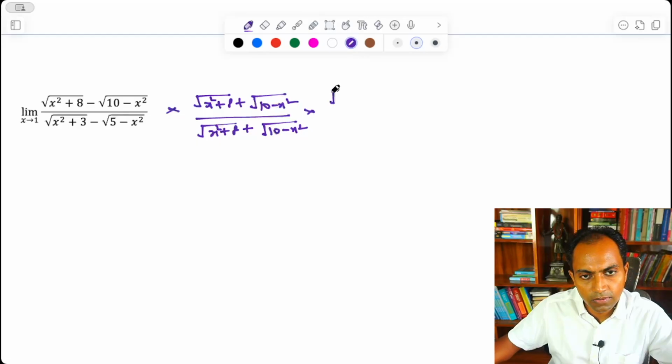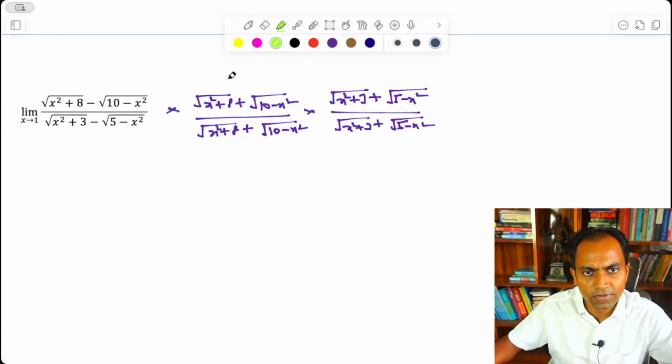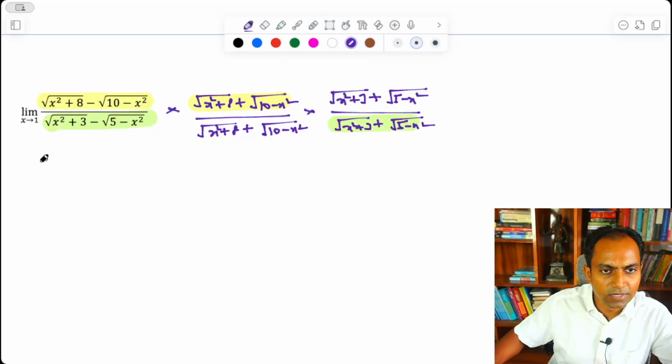And then root of x square plus 3 plus root of 5 minus x square, in both the numerator and the denominator. Now what will happen, as we did earlier? The numerator part will get multiplied to this part, and the denominator part will get multiplied to this part. We can simplify and get the answer.